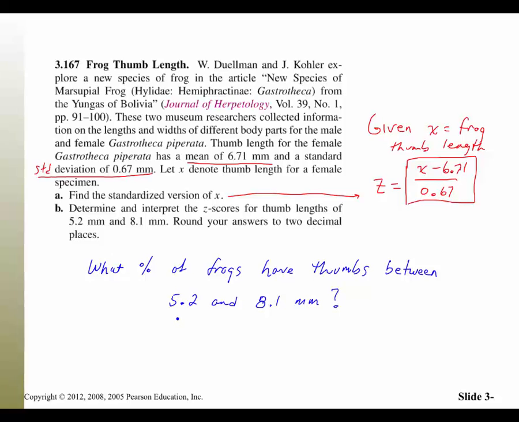Michael, did you get a z-score for 5.2? Yeah, -2.25. You agree with that? Okay. Yvonne, did you get a z-score for 8.1?